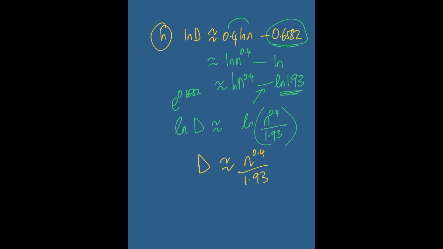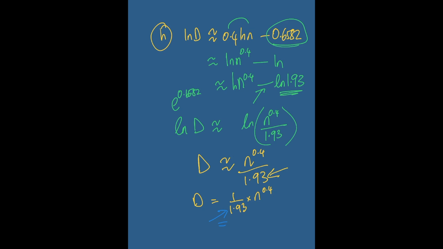Now that looks a little bit complicated, but it's not really. If I want to express this as a number, I can just say 1 on 1.93 times n to the 0.4, and I can find this out in my calculator.